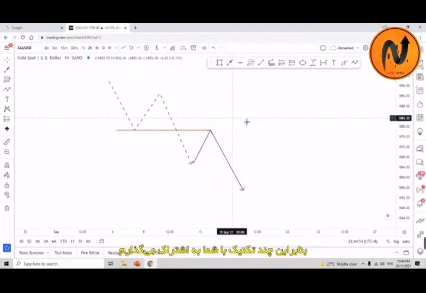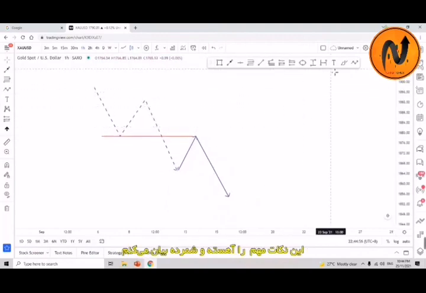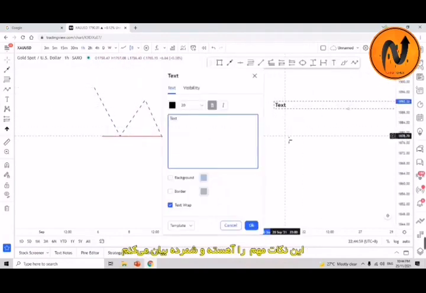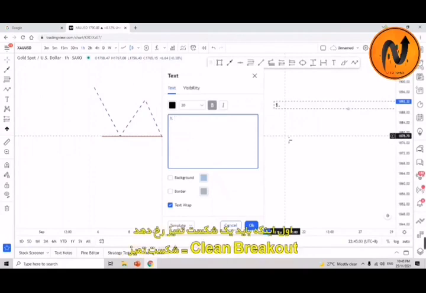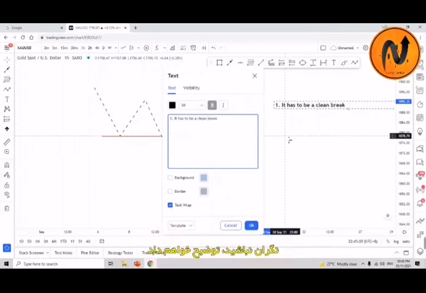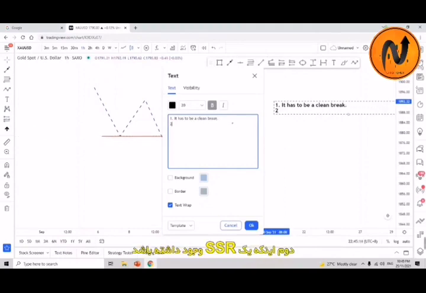So I'm going to share a few tips with you guys. These are the important things, and I'm going to explain them slowly. First is that it has to be a clean break. All right, I'm going to explain it, don't worry. Second, that there is an SSR.